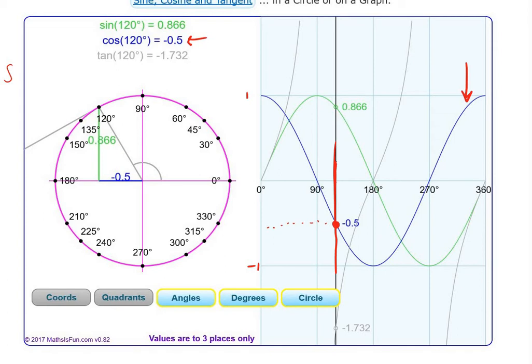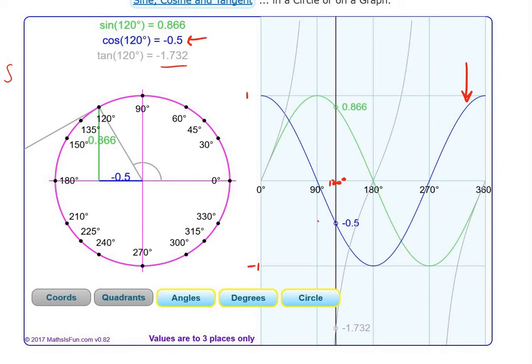Let's have a look at the sine of 120. That's the green. Sine 120 is 0.86. Let's have a look where this line at 120 degrees crosses the green line. Here. It's nearly 1. It's 0.86. Look at the tan. The tan of 120 is minus 1.732.